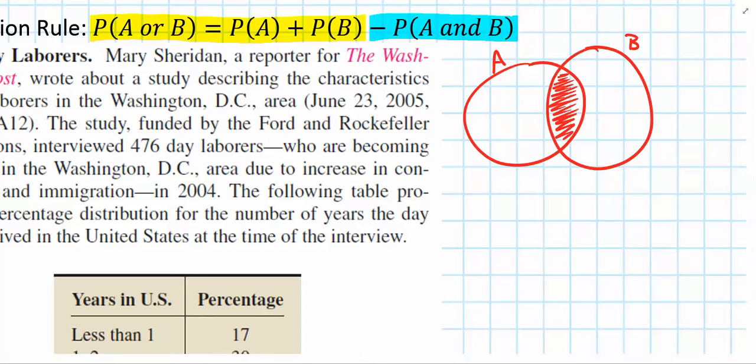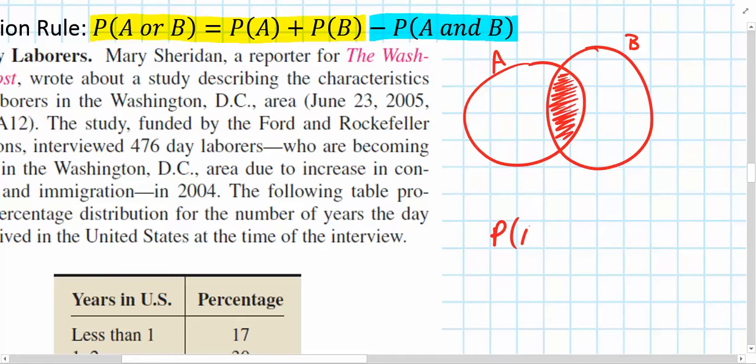Now, what's interesting about this general rule is that it's okay to use for any pair of probabilities or any series of events. And the reason why we don't need this extra piece when we have the special addition rule for mutually exclusive events is because in mutually exclusive events, the probability of both A and B occurring at the same time is going to be equal to 0.